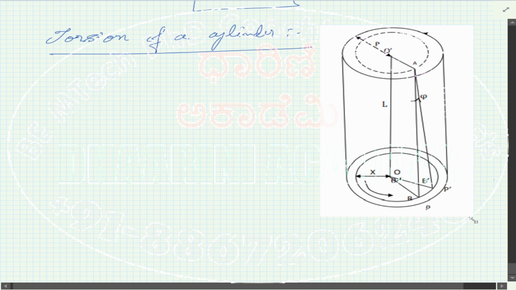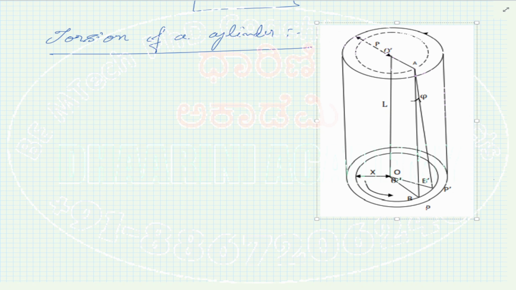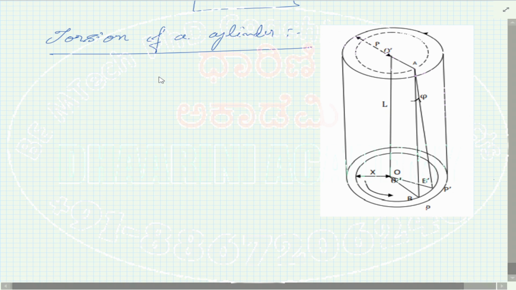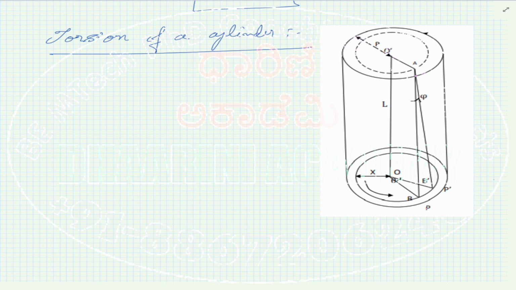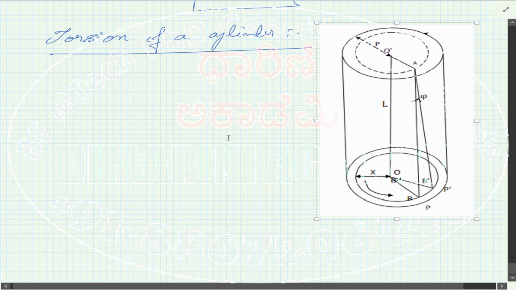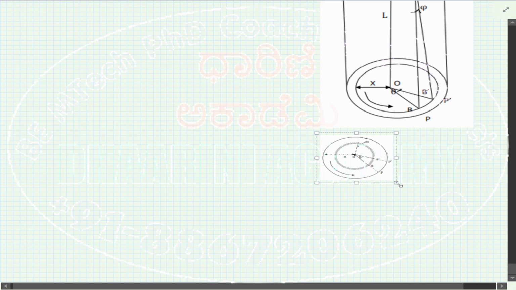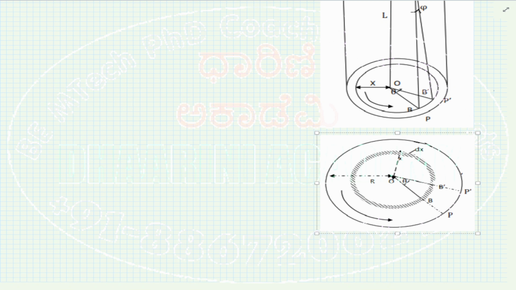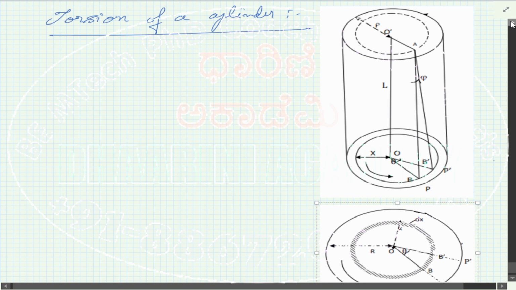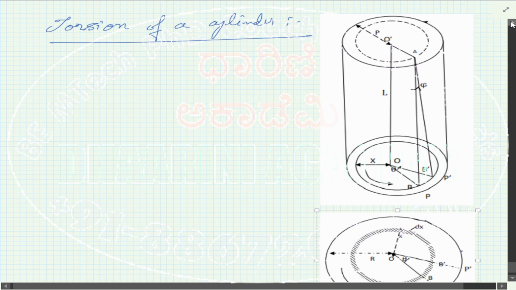Okay, this is the first diagram, and there is another diagram that we need. I'll write that as well over here. So let me paste that diagram over here for our reference. Okay, now let's start the discussion of what is called torsion of a cylinder.